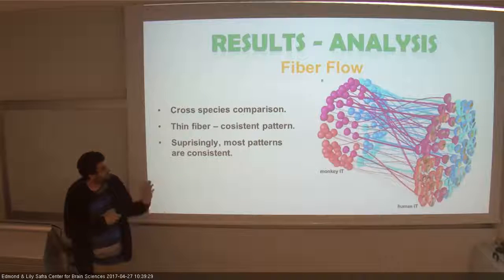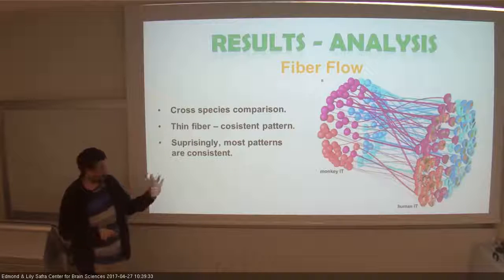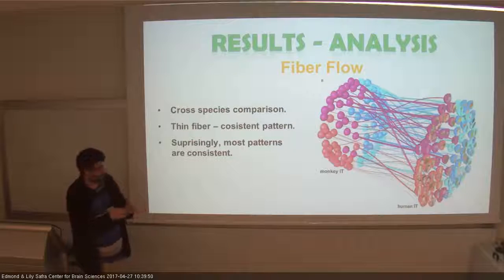Okay, so they took the two circles they did before, and now they want, for the first time, to do a cross-species comparison, because before that we analyzed every species separately, a simple one for the human, a simple one for the monkey, and we did not correlate or compare them in any way.